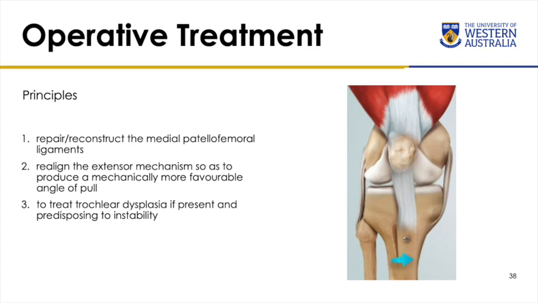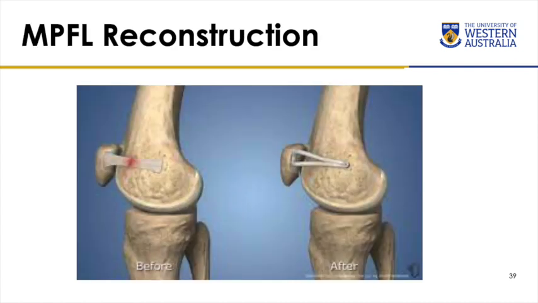And finally, occasionally it's required to treat the trochlear dysplasia if this is present and predisposing to instability. The most common operation performed nowadays is the MPFL reconstruction, using a hamstring tendon to reconstruct the torn ligament.